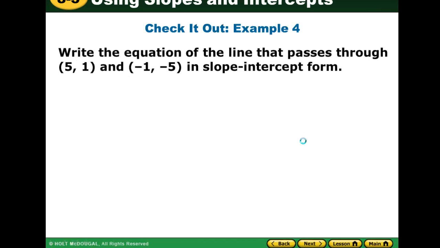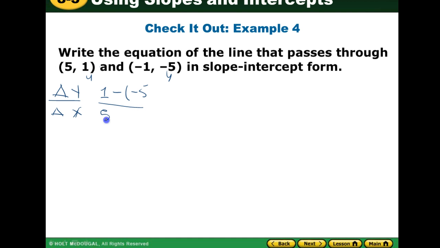All right, so here is one. Now again, remember, first thing we want to do is find the slope. The slope is the change in y, delta y over delta x. So here I'm going to start with this point first, 1 minus negative 5 over 5 minus negative 1, those are my y's over the x's.